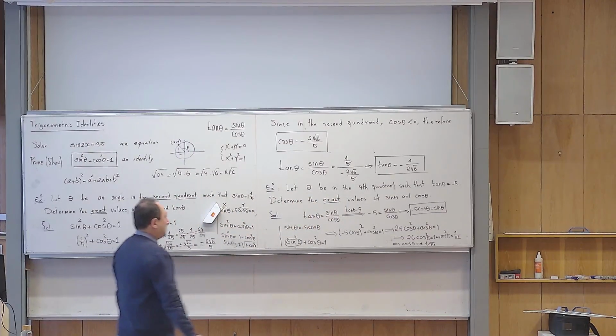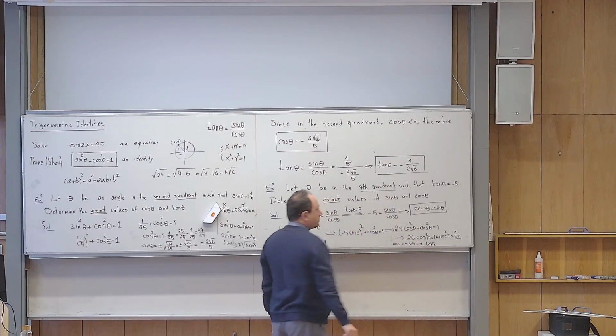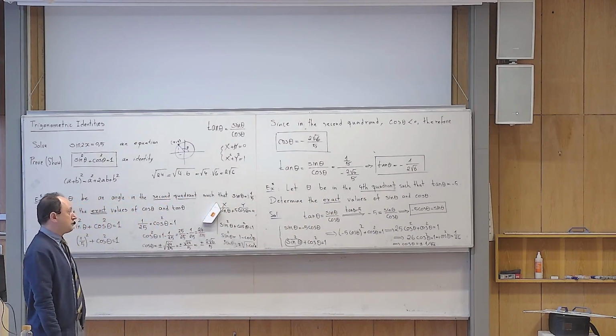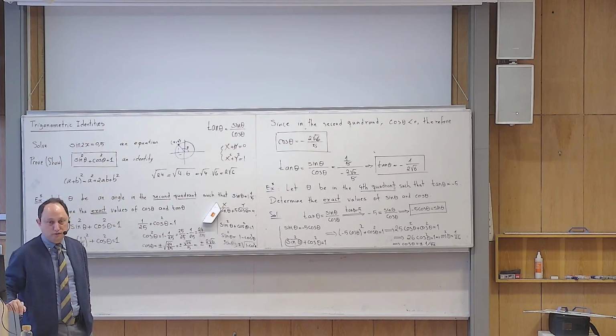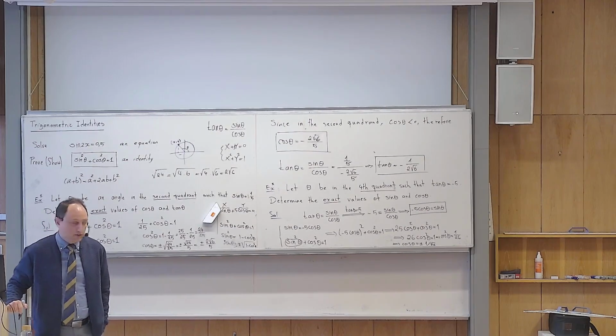But again, you need to see which one is acceptable, positive or negative, and then you have to use this piece of information. Theta is given to be in the fourth quadrant, yes? So can you imagine, in the fourth quadrant, is cosine positive or negative? Positive, because cosine is the x-coordinate, and the x-coordinate in the fourth quadrant is positive.